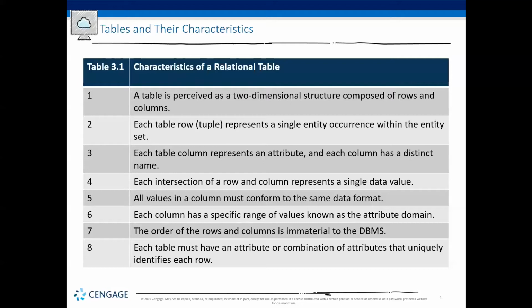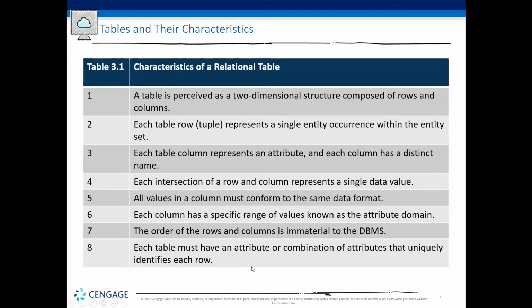The order of the rows and columns, how we put things on our table, doesn't matter. That only kind of matters to us. We like seeing the most important columns first, getting to the least important, but that doesn't matter. It's totally just however we want it.